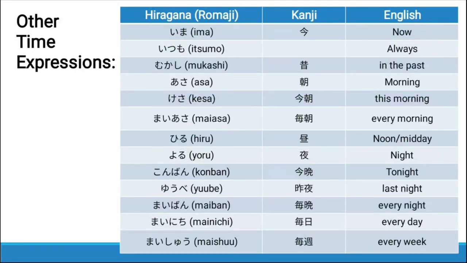Hindi siya ro, kundi hiru. Hiru is noon or midday. Yoru is night. Konban is tonight. Yuube is last night. Maiban is every night. Mainichi is every day. Maishuu is every week.